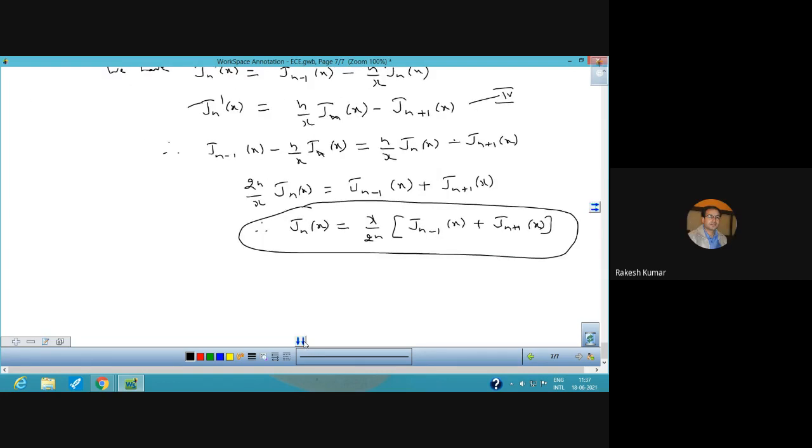Now, with the help of these recurrence formulas, we can find out the questions.